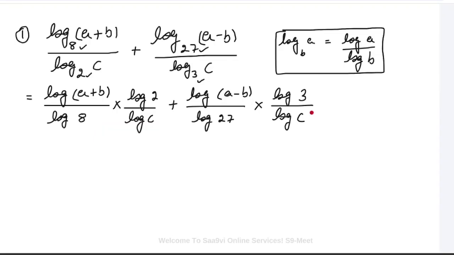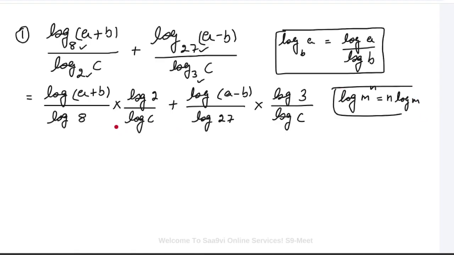Now to solve this, you must be aware of the property where log of m to the power n can be written as n log m. We're going to use this property now.